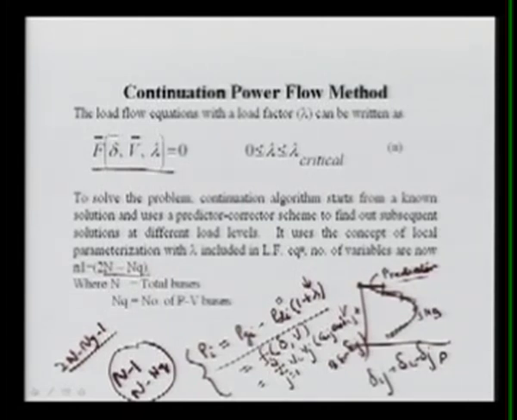It uses the concept of local parameterization with lambda included in the load flow. Already we have included lambda here, so the number of variables is now increased by 1, and the total number of variables to be found is 2n minus nq.